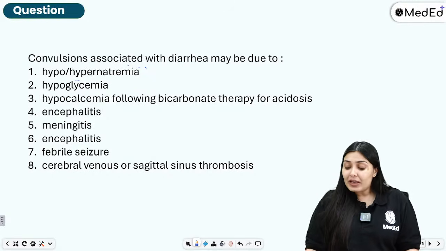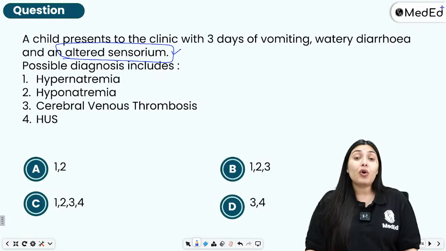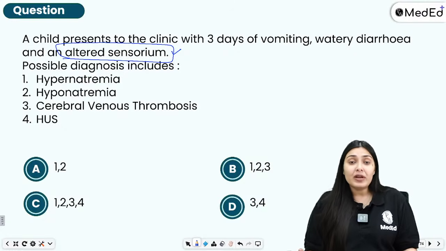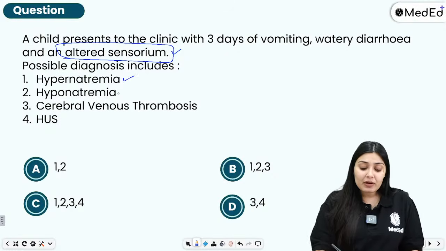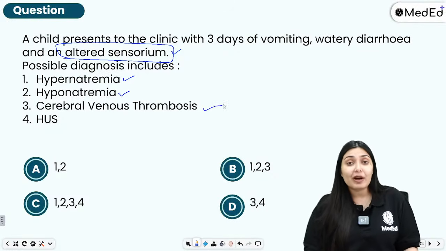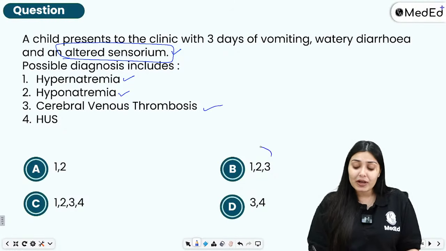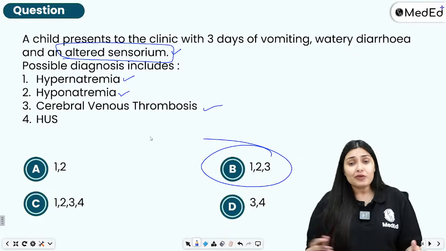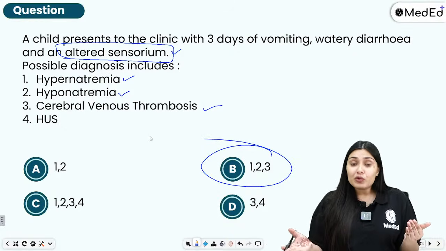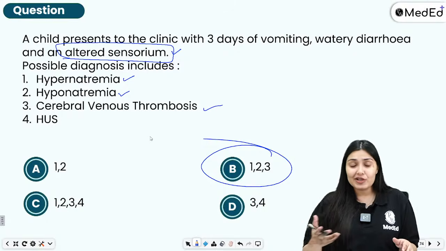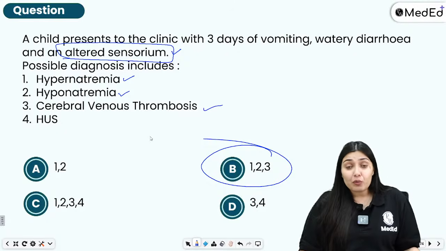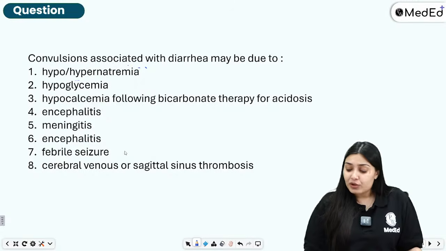So these are the main causes for convulsions or altered sensorium in cases of vomiting and loose stools. So hypernatremia, hyponatremia, cerebral venous thrombosis, all of these would be correct. So the correct answer here is 1, 2, 3. Very easy to remember: high sodium, low sodium, hypocalcemia, meningitis, encephalitis, cerebral venous thrombosis, or sagittal sinus thrombosis. These are major things.